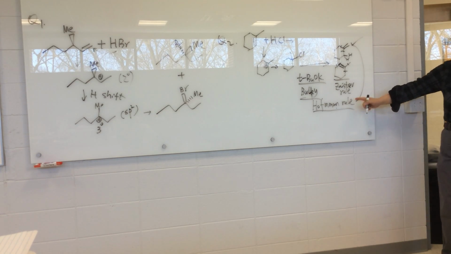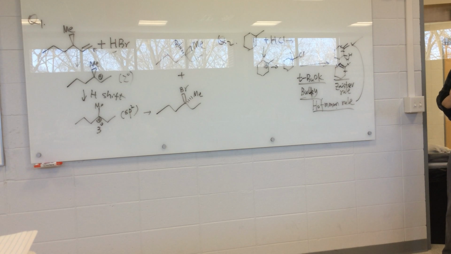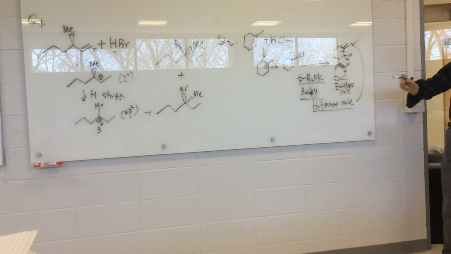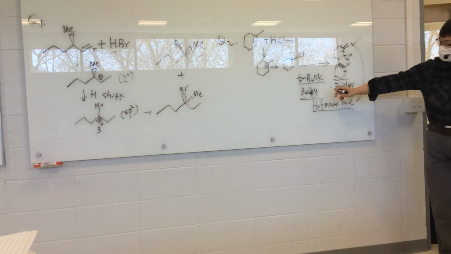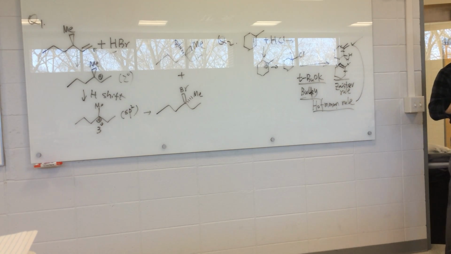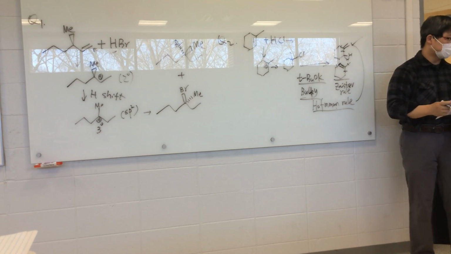And you see, this is Hoffman rule. So the answer should be C, right? Because we use this bulky alkoxide, then it follows this Hoffman rule.